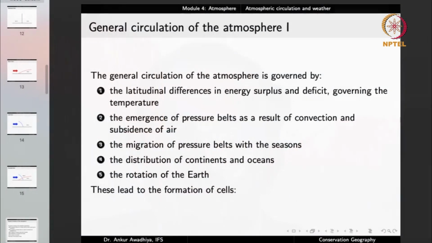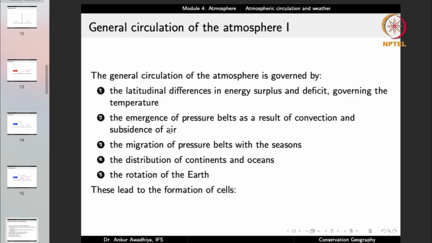These result in very different air masses, and when these air masses interact with each other, they result in different wind patterns on this planet. So the general circulation is governed by the energy that arises out of the differences in energy surplus and deficit.